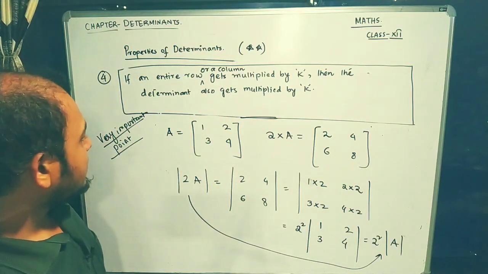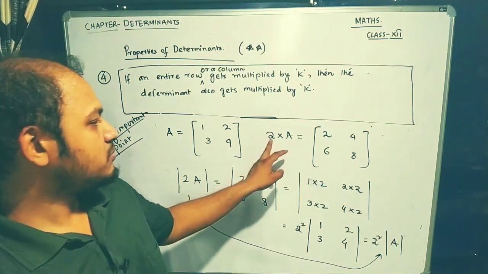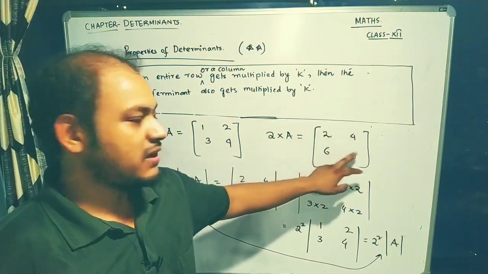So here we see that if a matrix is getting multiplied with a number 2, each and every element gets multiplied by 2.